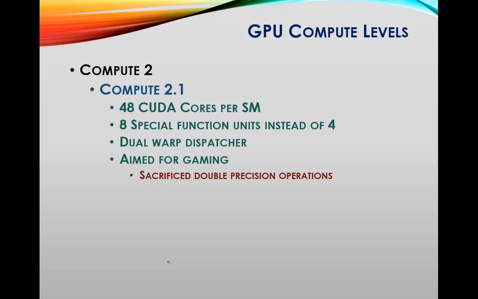One of the important points to notice on the Compute 2.1 hardware is the sacrifice of the dual precision hardware to increase the number of CUDA cores. Since these devices were specifically targeting the gaming market, they really didn't need support for dual precision hardware.